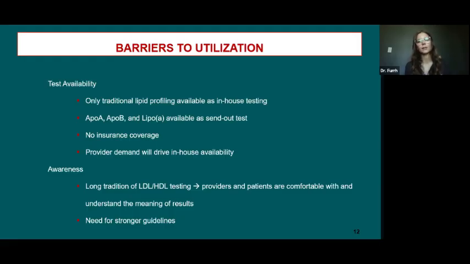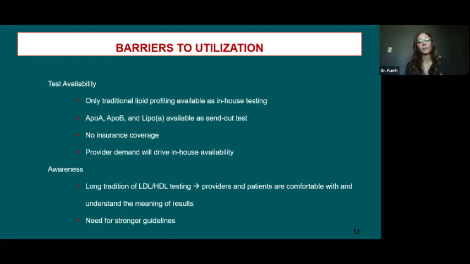Until providers start demanding the tests, it will not be brought in-house at most facilities. And again, providers usually practice according to their society or college guidelines. So I don't see anything changing until the societies in the US bring out stronger guidelines recommending these new tests.